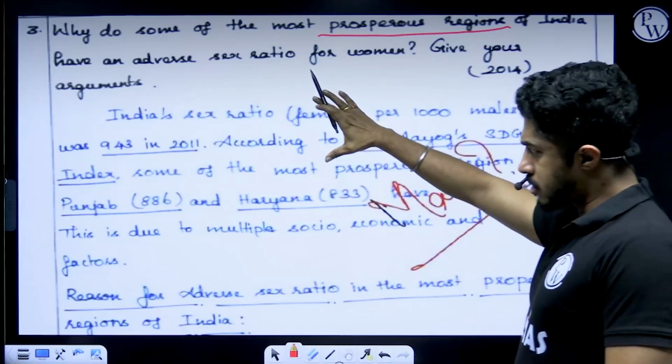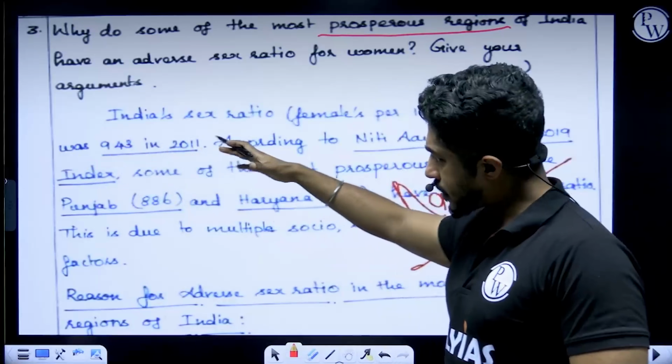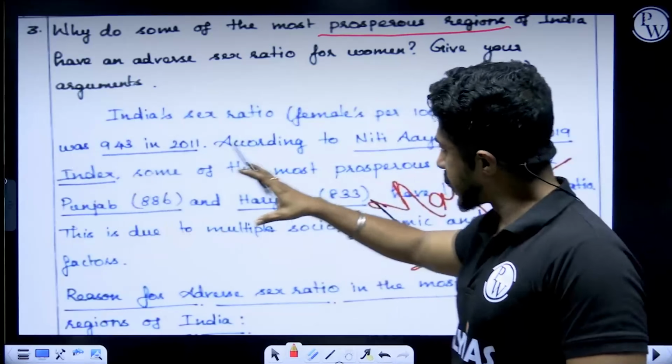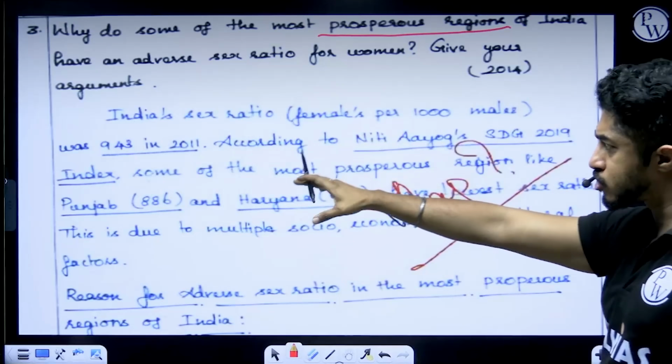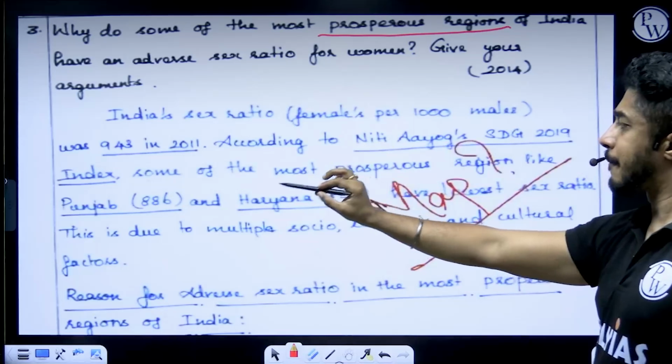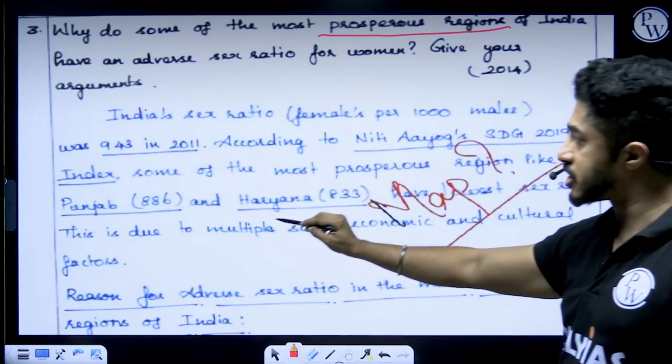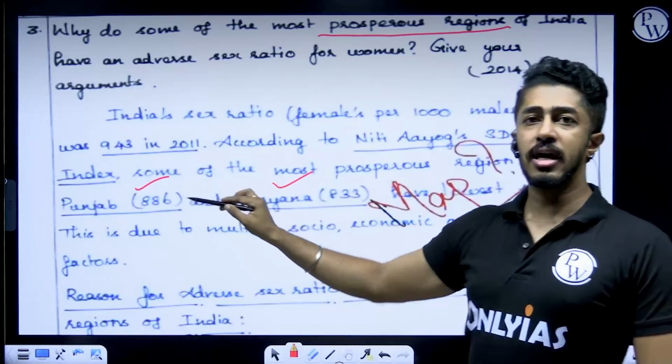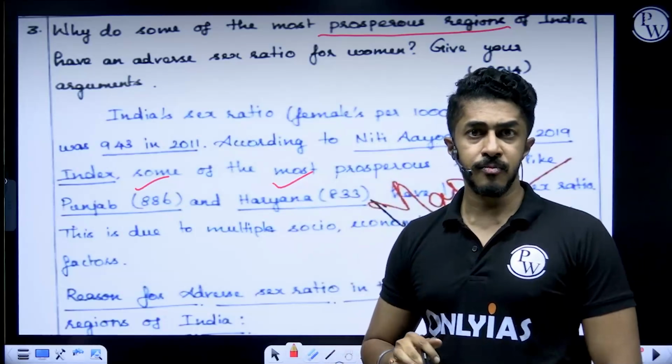Now, this girl student has actually written everything. The introduction is good. India's sex ratio she gave according to Niti Aayog, the Sustainable Development Goals. Punjab, Haryana, prosperous regions she mentioned, and she gave the data also. Perfect.